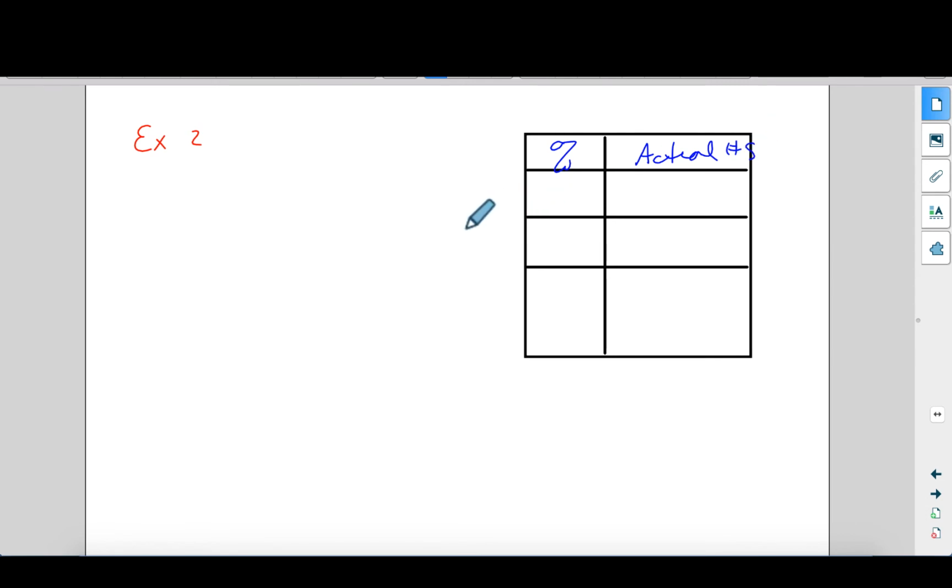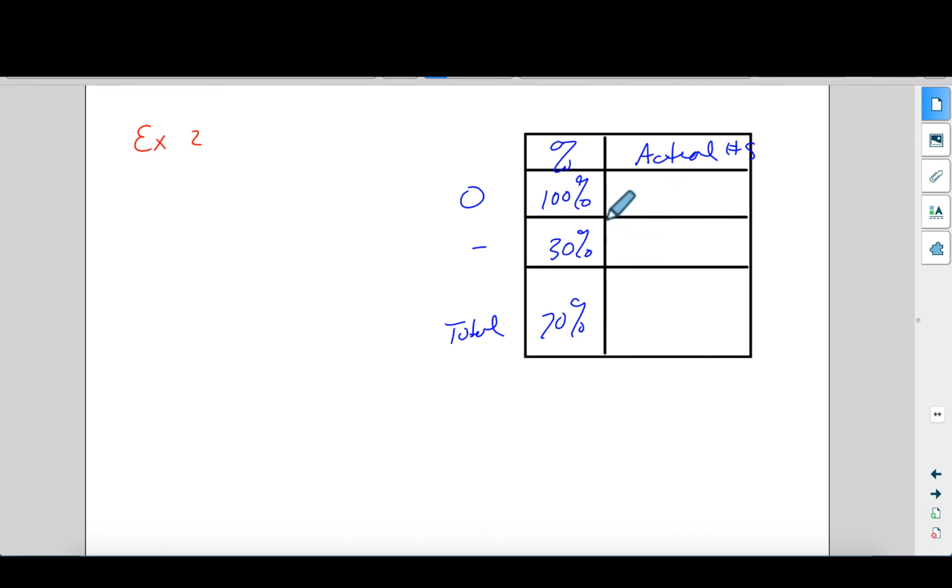It says that the price was reduced 30%. So what do we know? Well, we know the original was 100%. And if it was reduced 30%, we can put minus 30% here, which our total is going to equal 70%. Now let's get the numbers in here.